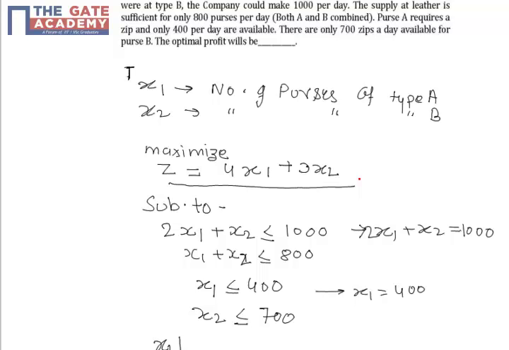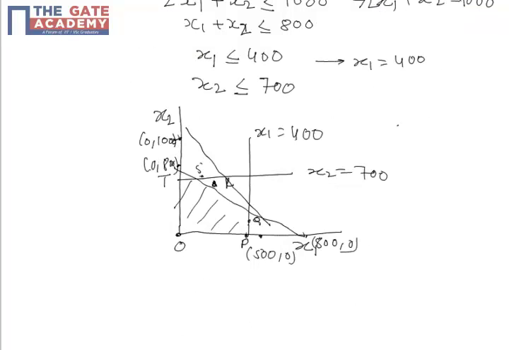By putting these values we can see that at point R the value of Z is maximum.